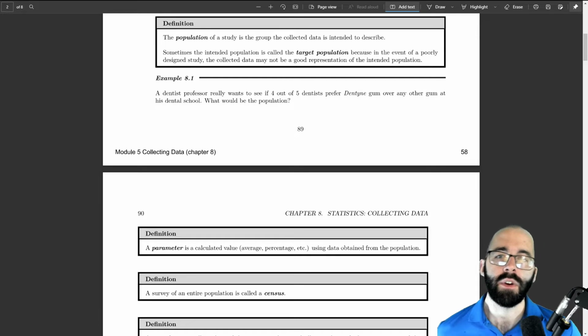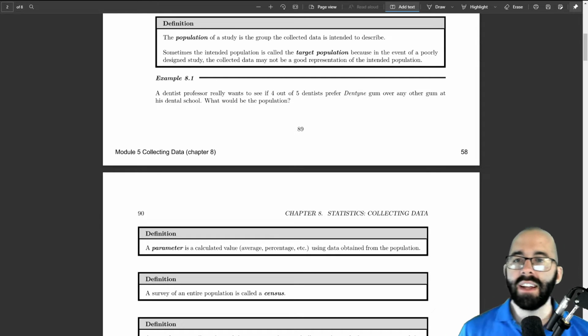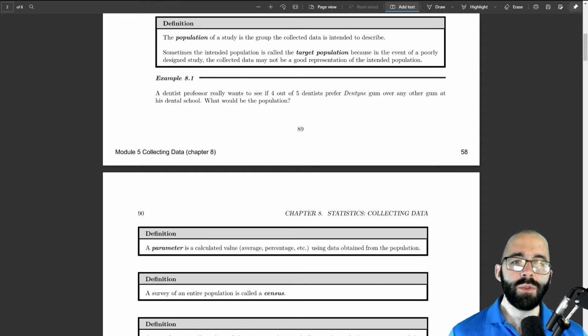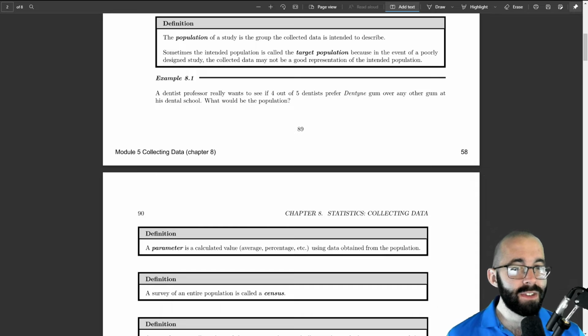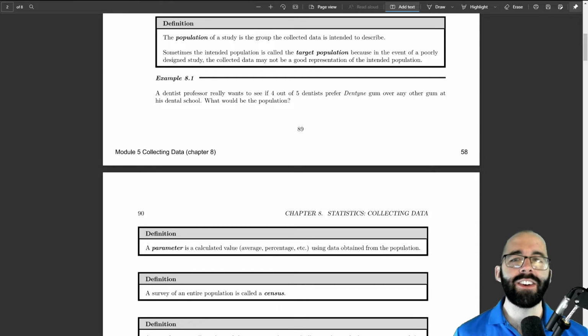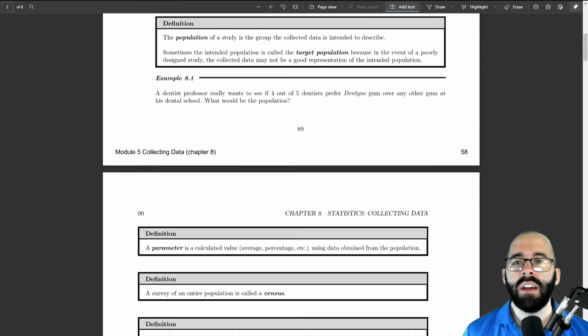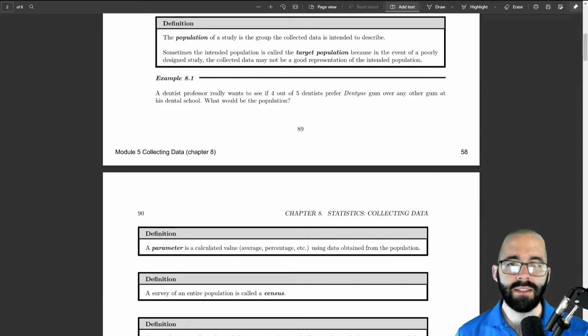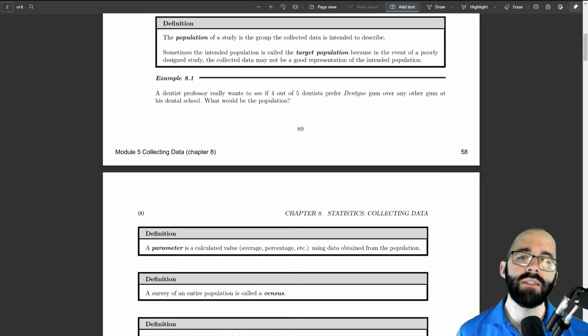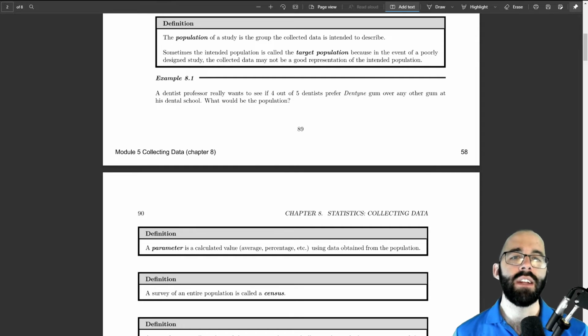Okay, so let's do an example. We've got a dentist, and this dentist professor really wants to see, do 4 out of 5 dentists really prefer Dentyne gum? Did he say that? I don't even know. Over any other gum at his dental school. So what is going to be the population? It says we're looking at dentists, and this professor cares about dentists at his dental school.